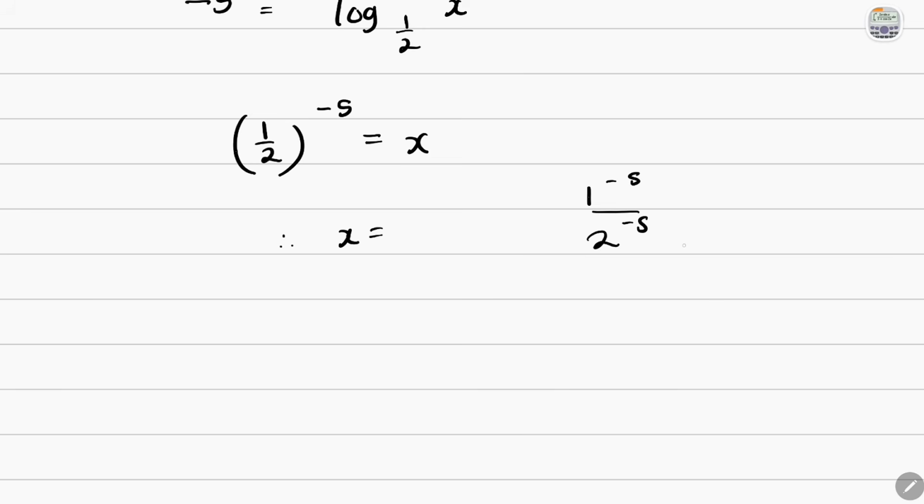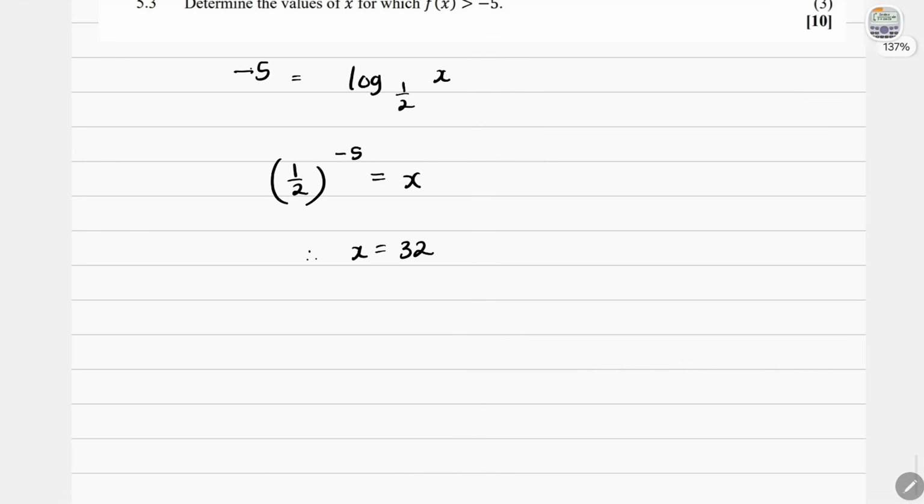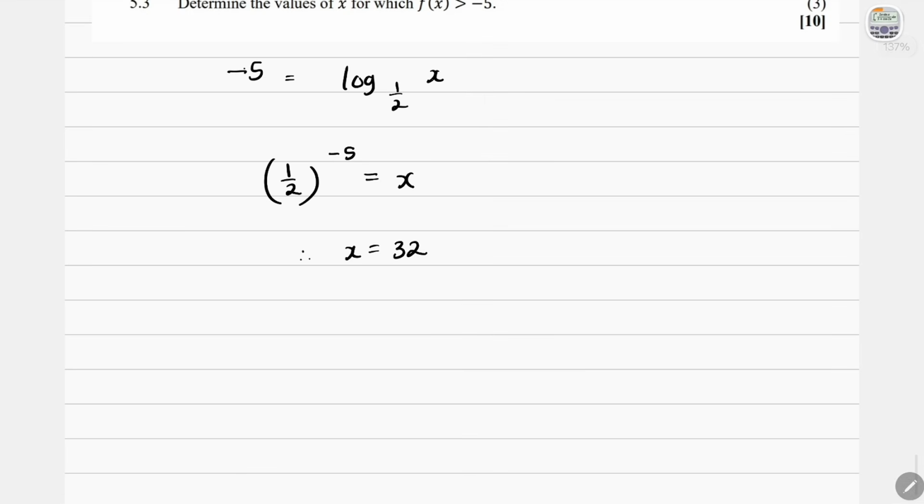But because the exponents are negative, you would move them from where they are. So we move that to the numerator and it becomes 2 to the power of positive 5, and that becomes 1 to the power of positive 5. 1 to the power of 5 is still just 1. And so that is 2 to the power of 5, which is 32. So x is equal to 32. That is where it will have a y value of negative 5.